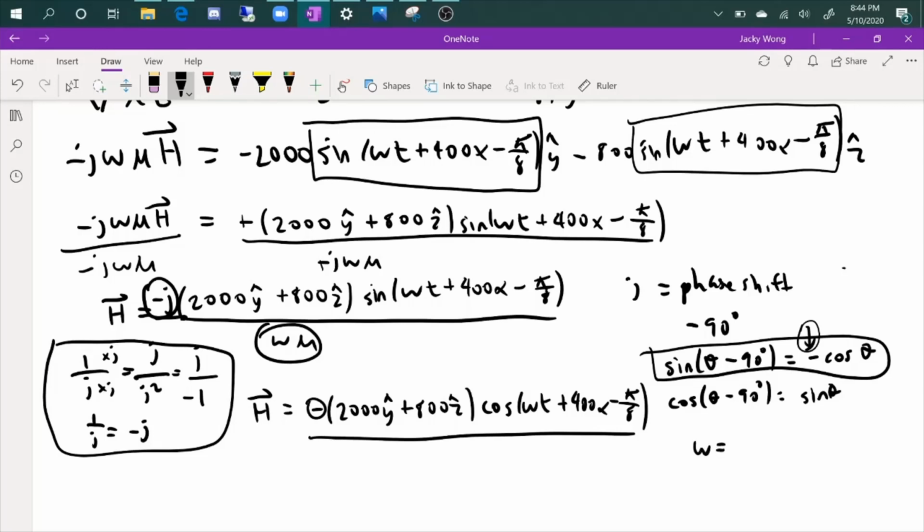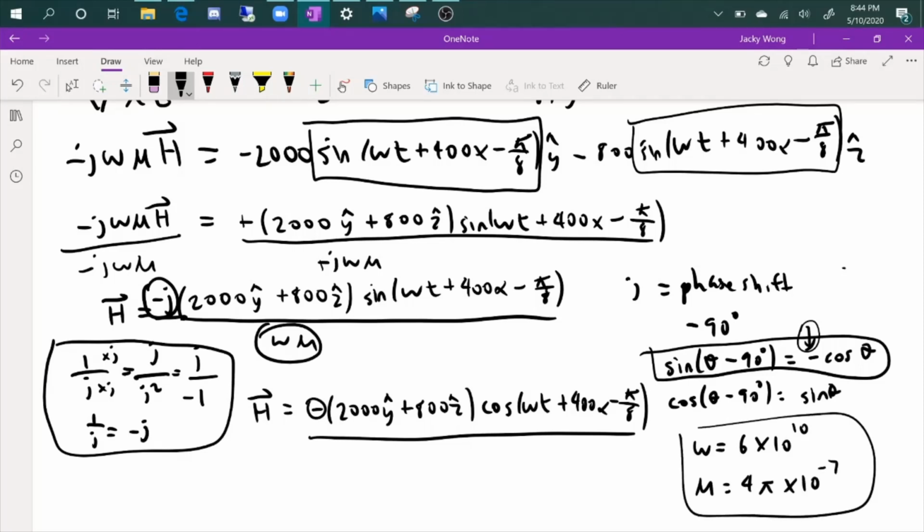Let's start plugging them in now, because we already know from above that mu and omega's terms were as such. So 6 times 10 to the 10, 4 pi times 10 to the negative 7.